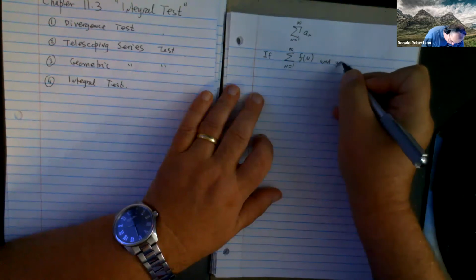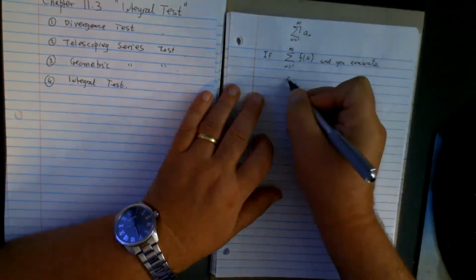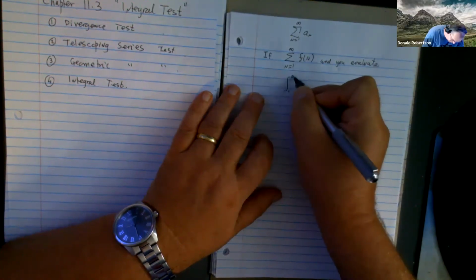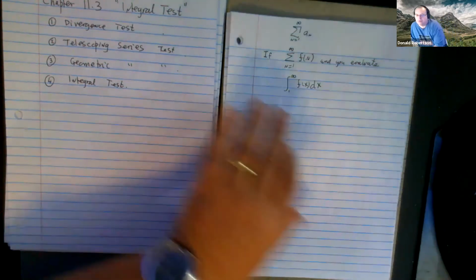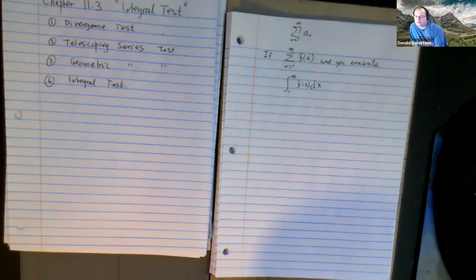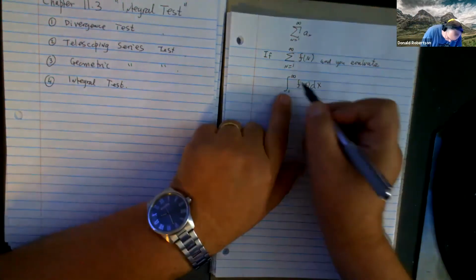You start with that, and you evaluate the integral from 1 to infinity of f of x dx. Can you remember doing integrals like this, improper integrals, right? When you did those, wasn't the final answer either the area converges to 4 or whatever the number is, or it diverges? Now, you evaluate this.